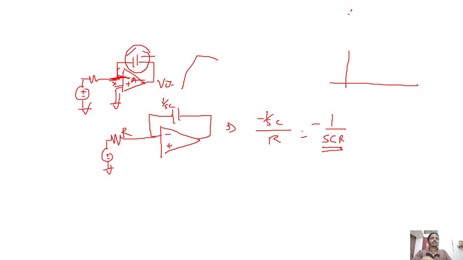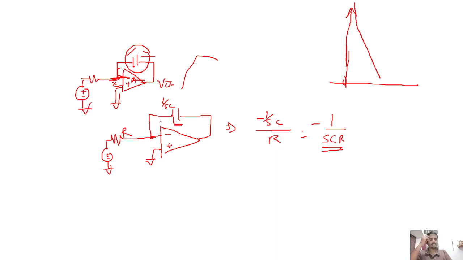It depends upon the frequency. See, at 0 frequency it starts from infinity, then slowly at minus 20 dB it will reduce. So if I give a DC signal, definitely it is open.